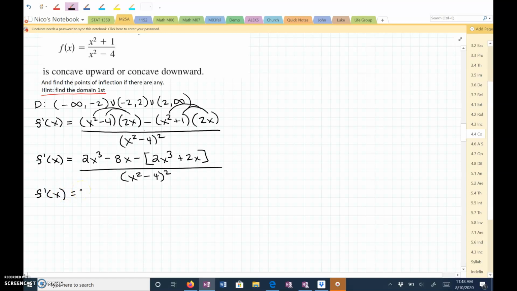So now notice that 2x cubed minus 2x cubed would be 0. And negative 8x minus 2x would be negative 10x, all over x squared minus 4 squared.